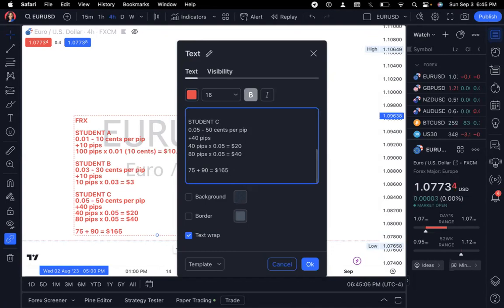50 cents as a percentage of what? What do you mean? I don't know if I understand the question. 50 cents as a percentage of what total accounts?